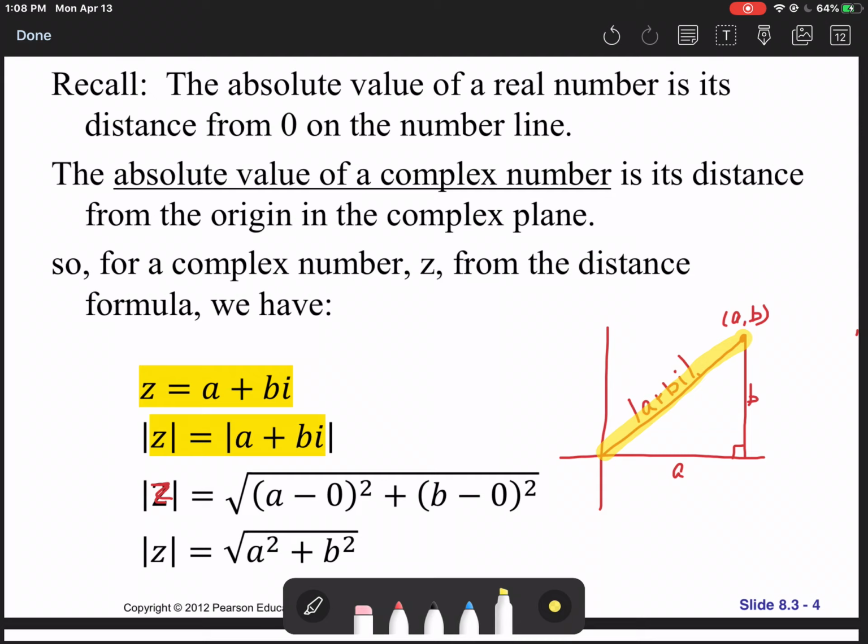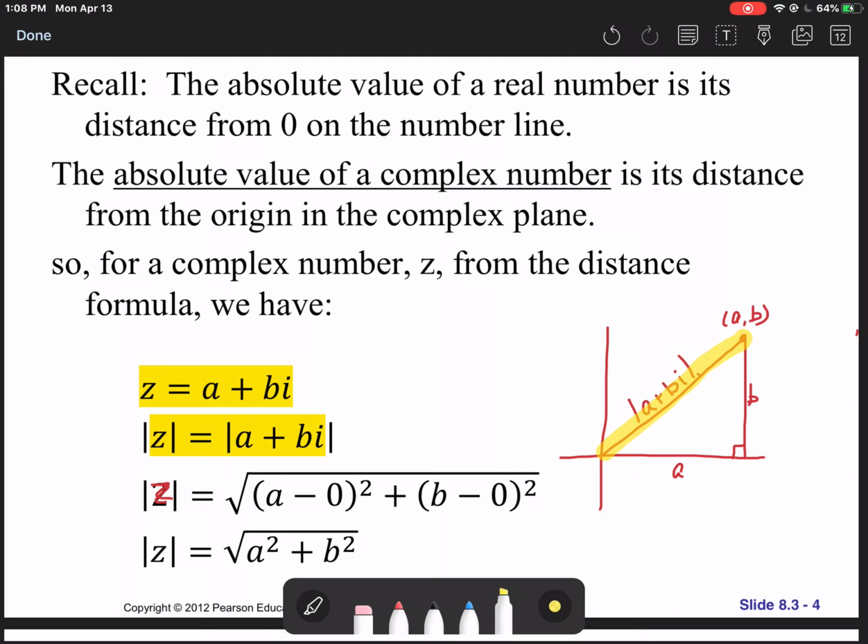And so this brings us right back to our right triangle definition, our x, y, r definition of our trig functions, Pythagorean's theorem in the case of a right triangle, a squared plus b squared equals c squared, where in this case, the c is the length of the hypotenuse, which is the absolute value of our complex number a plus bi. Because remember, the absolute value is a number. And so it's the distance in this case.